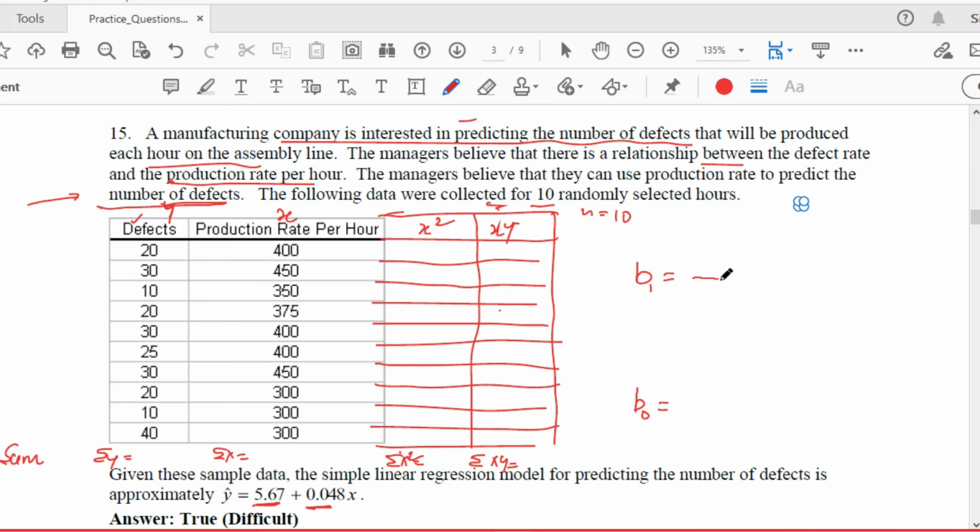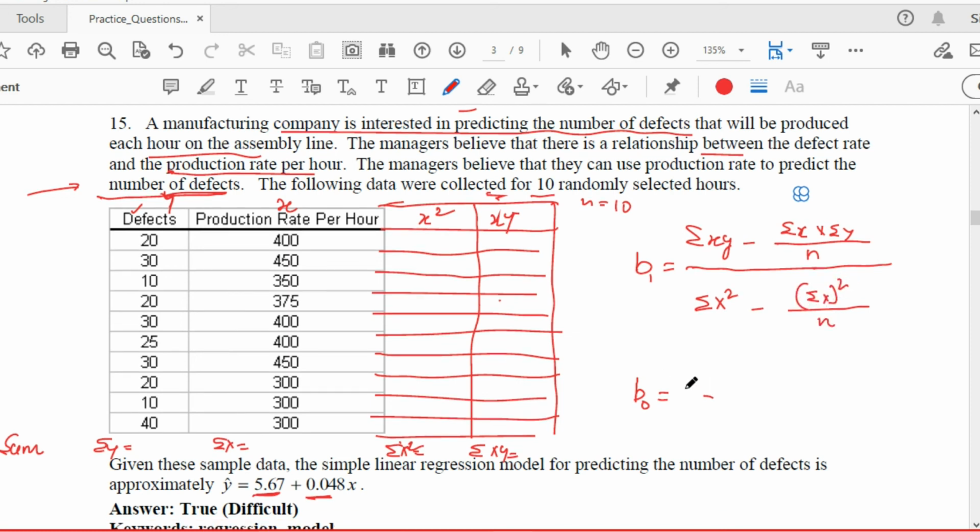To calculate b1, we have a shortcut formula: sigma xy minus sigma x multiplied by sigma y, divided by sample size, whole divided by sigma x square minus again sigma x whole square divided by n.